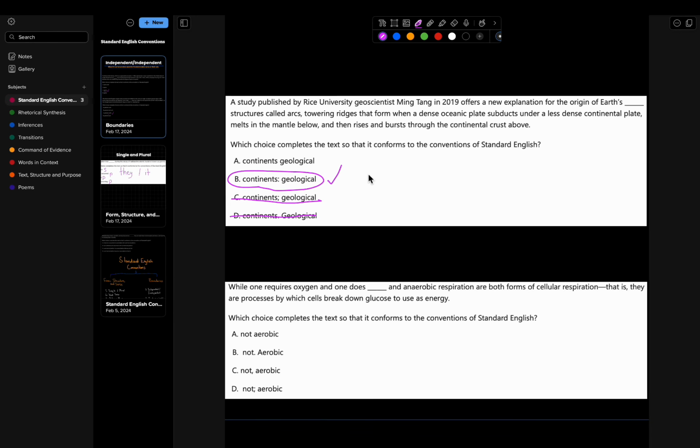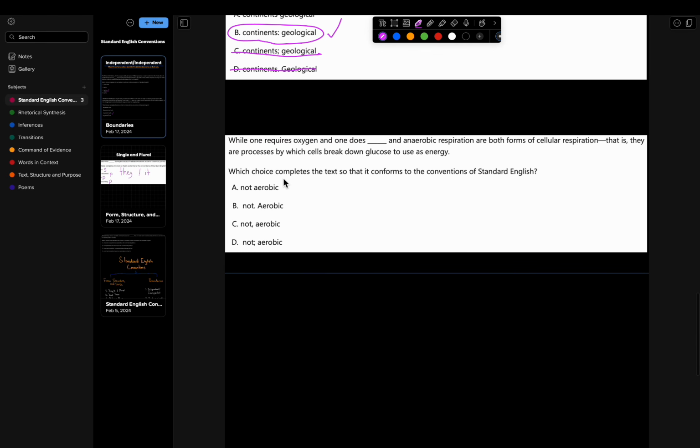The sentence before the colon must be related to the sentence after the colon. In this case, geological structures is the noun phrase after the colon, and geological structures is related to the sentence before it, since the line before the blank says that there is a new explanation for the origin of Earth's continents, and the line after the blank explains it.